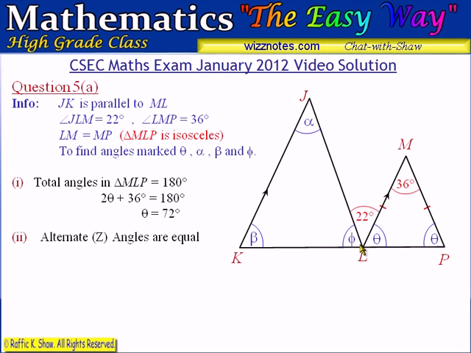These are alternate angles, so this angle is equal to this one, simply because these two lines are parallel and this line is crossing both of them. So alternate or Z angles are equal and therefore alpha is equal to 22 degrees. As simple as that.